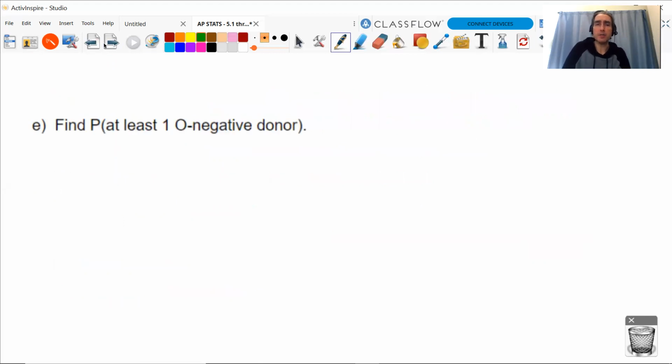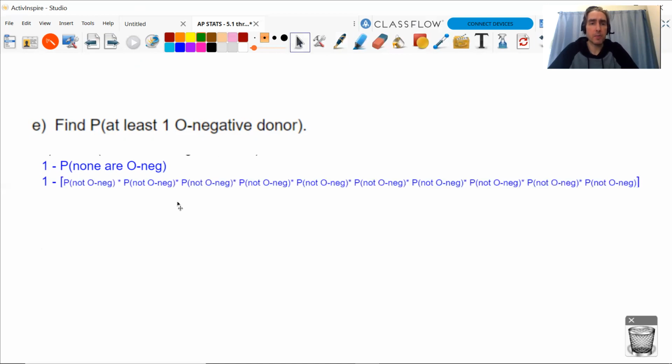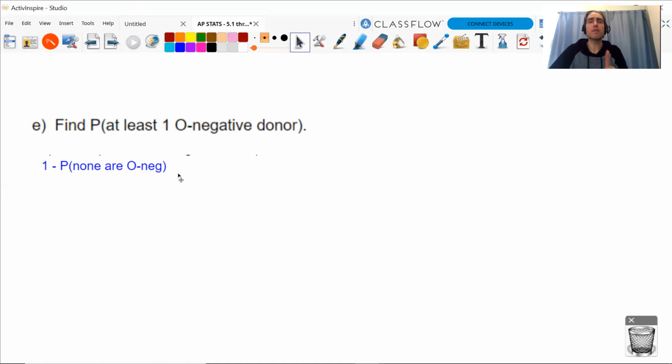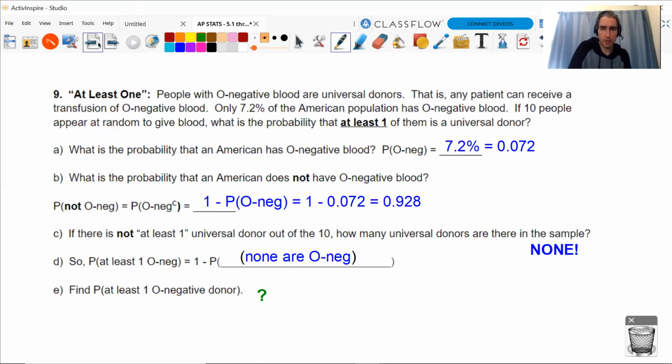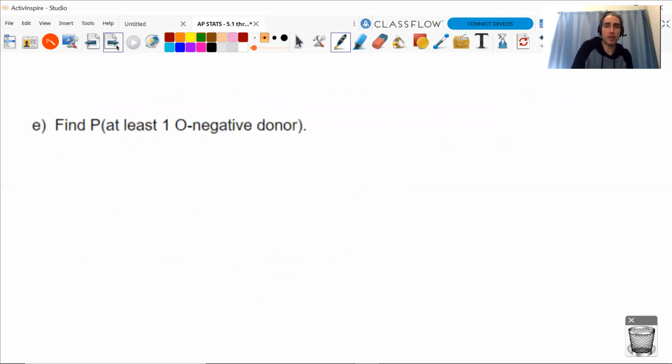Imagine for a minute, if none of them are O negative, that means out of 10, we're talking about 10 people. Now, remember what O negative was, 0.072. So the probability that an American does not have O negative blood is 0.928.